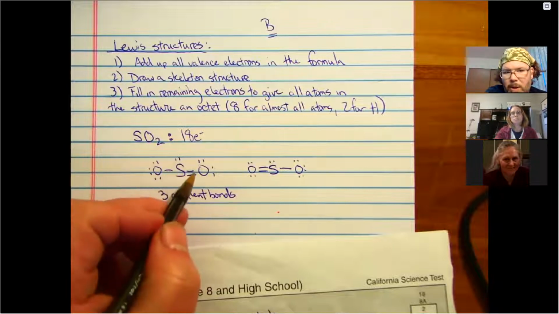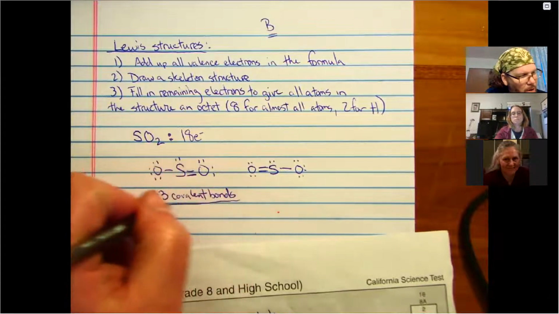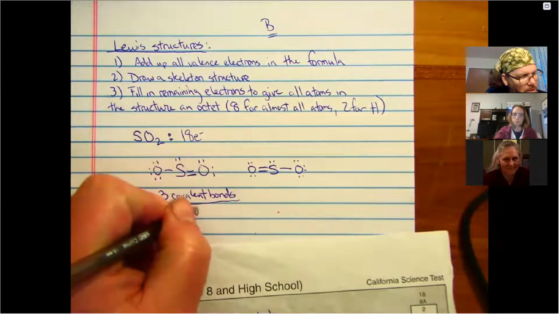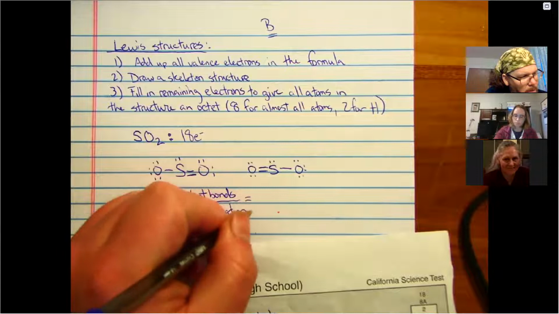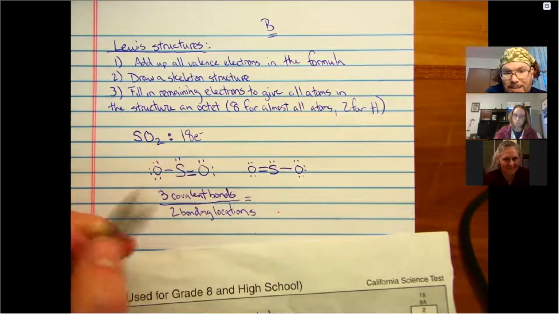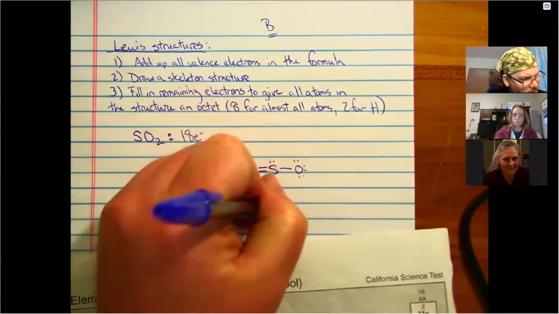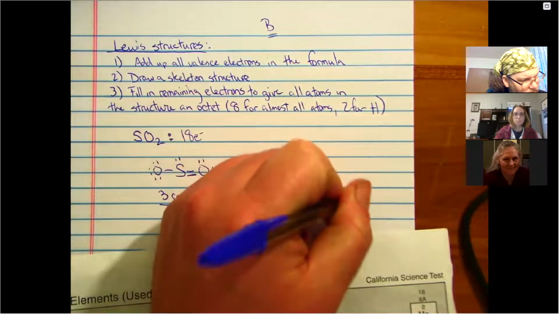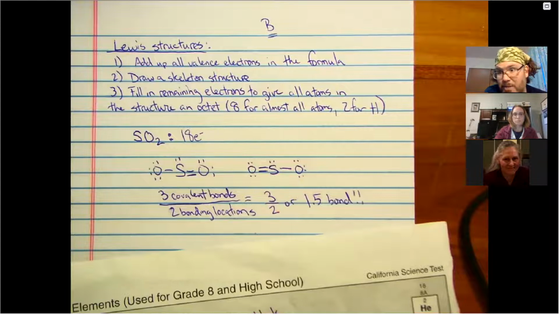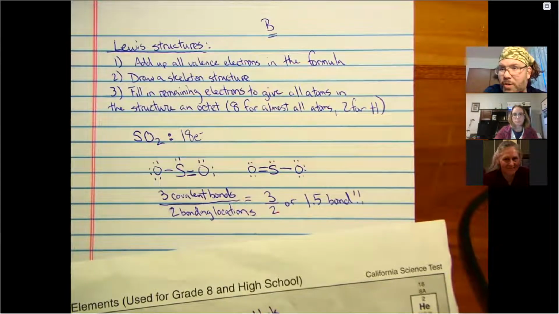So we have a total of 3 bonds averaged over 2 bonding locations. So each of those bonds is a 3/2 bond, a 1.5 bond between sulfur and oxygen.